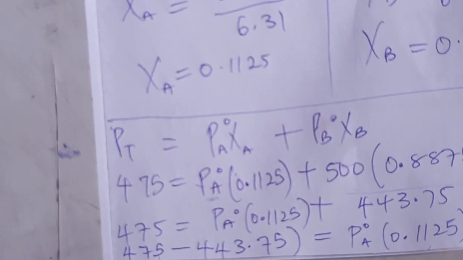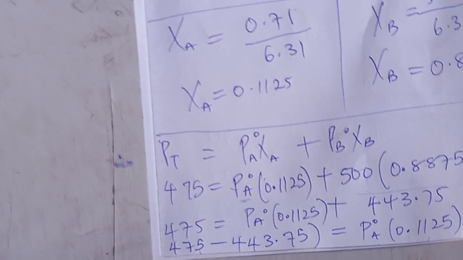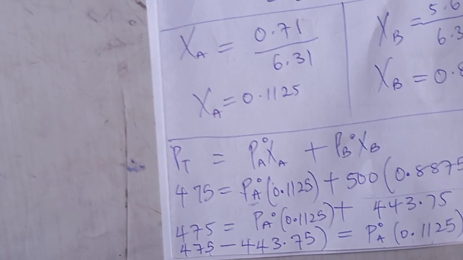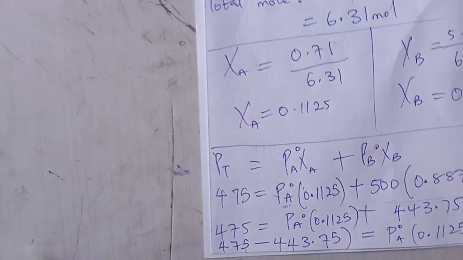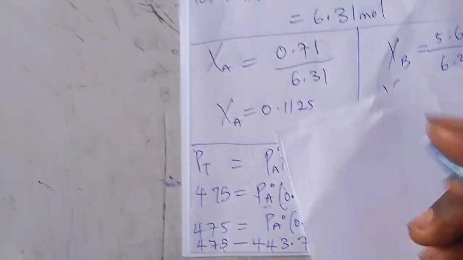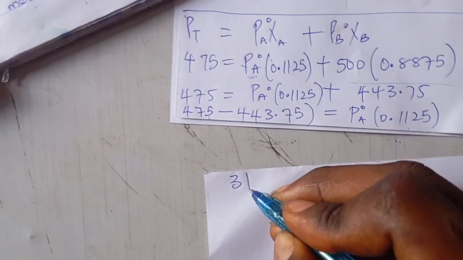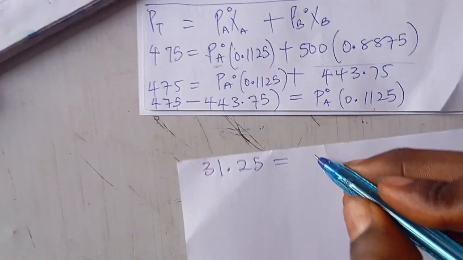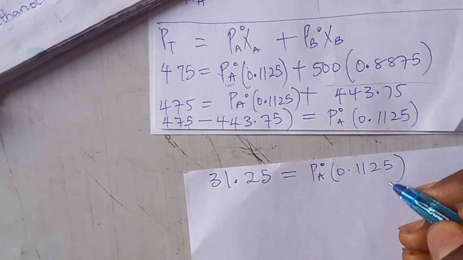So let's do it: 475 minus 443.75, you get 31.25. So 31.25 equals PA naught times 0.1125.